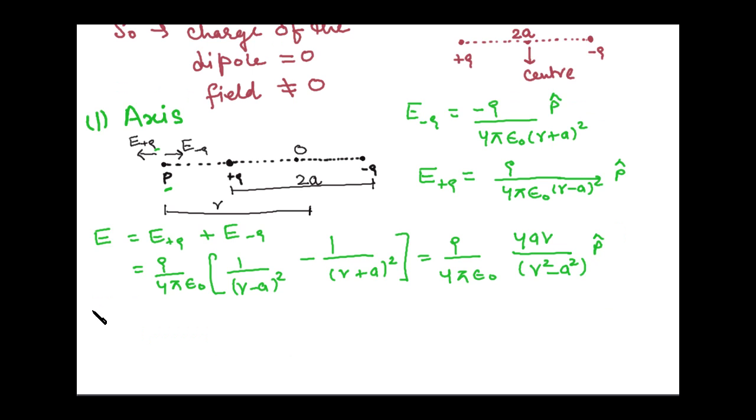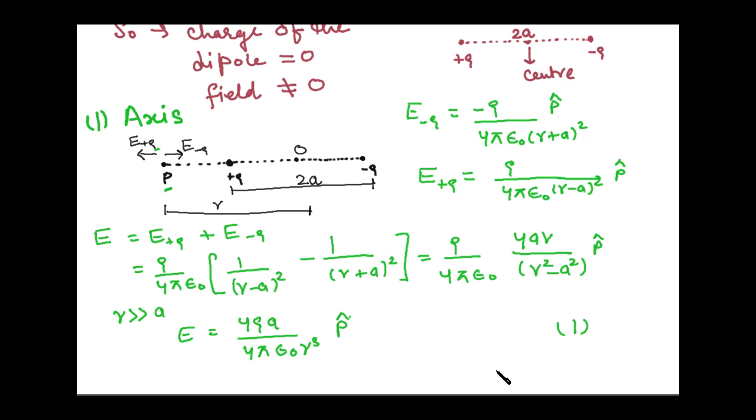Now for far off distances, that is for r very much greater than a, total field of dipole at point P would be E is equal to 4Qa upon 4 pi epsilon naught r cube p cap.